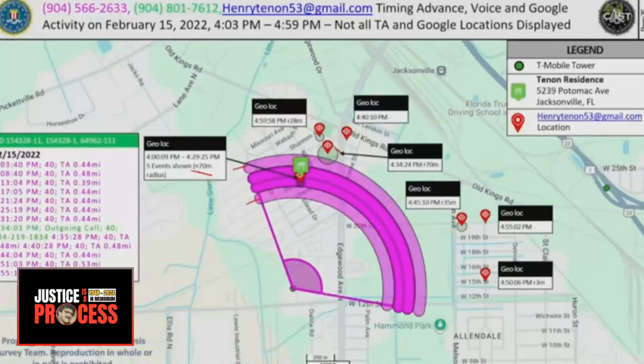You can see this at 4:34, 4:40 here near Old Kings Road and Edgewood Avenue, 4:45 south of Old Kings Road near West 19th Street, and so on. And then returning back towards the direction of the Tenon residence by 4:59 near the Shannon sign on the map.